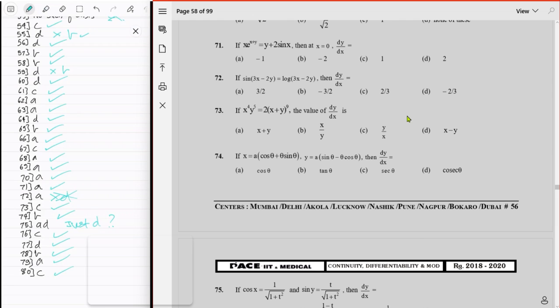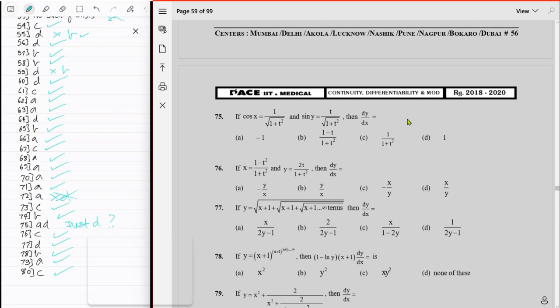Okay. And then 75th. So they are saying it's just D. Of course, they are wrong. It's both A and D because it really depends on what T is. And yeah, so like cosine x is equal to 1 upon square root of. This has multiple solutions, but those two matter.